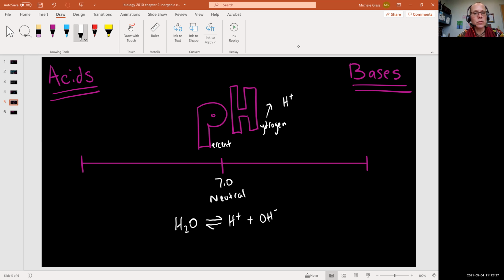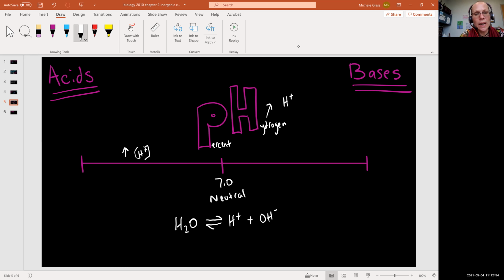If you push this reaction one way, so if we push it where we have more hydrogen ion, we can actually put hydrogen ion in brackets to represent concentration of hydrogen. I like to say a high amount of hydrogen ion concentration.